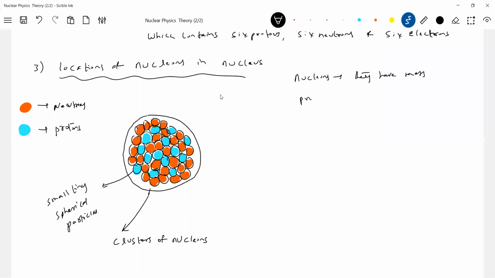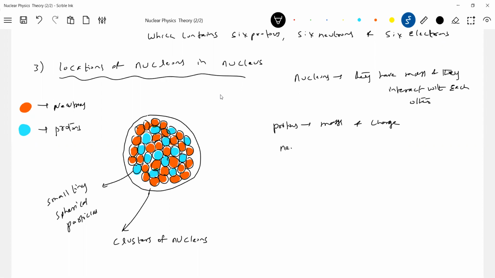Then what about the proton? Protons will have mass and they interact with each other. Protons are particles which have mass and charge.